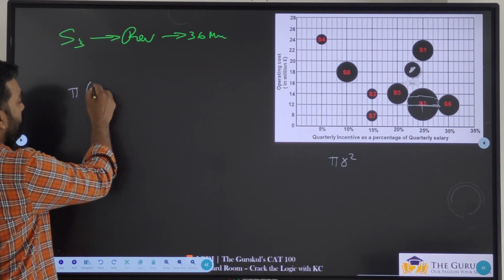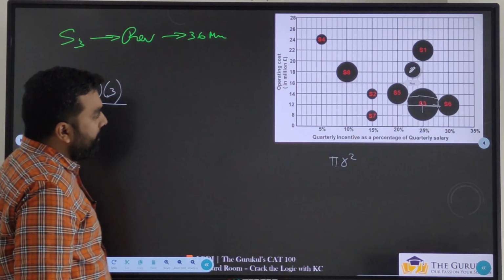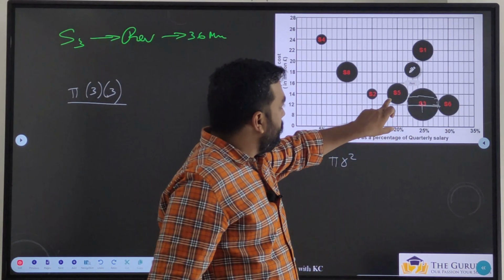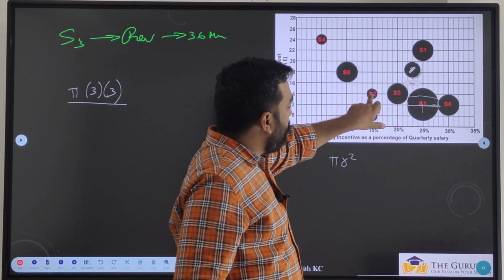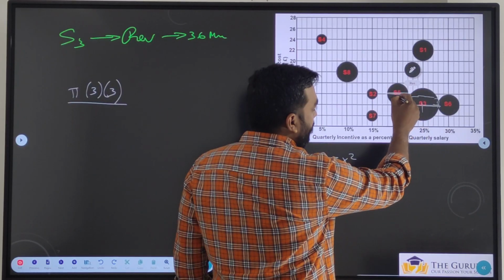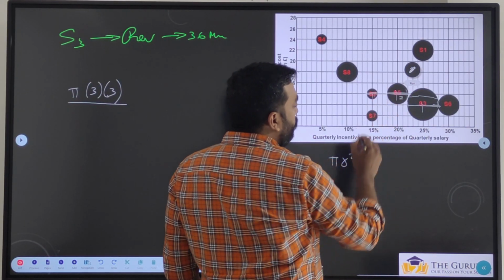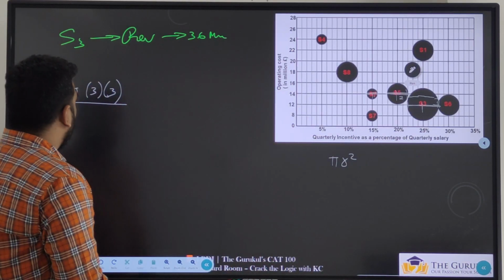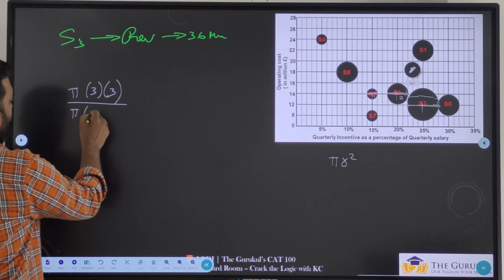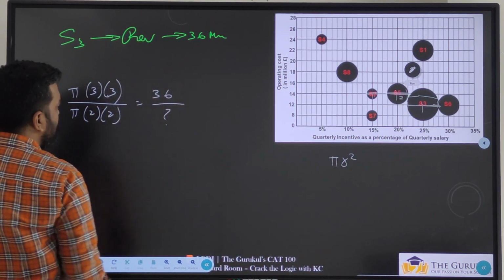So pi into 3 into 3 is for ship 3. There are 2 other circles, one with diameter 4 and one with diameter 2. This is 4 as diameter, so 2 will be the radius. This is 2 as diameter, so 1 will be the radius. Let us calculate for everything. So pi into 2 into 2 is equal to 36 by something.